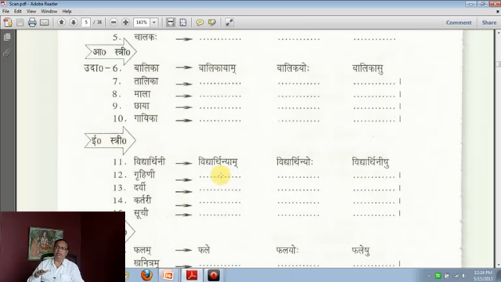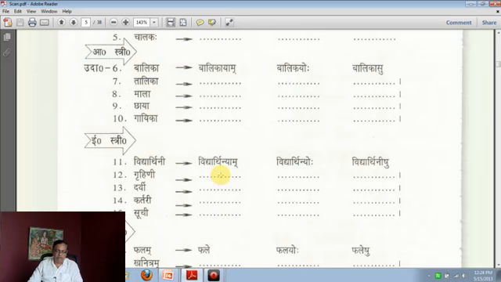Yam is there anyway. Vidyarthinyoho. Vidyarthinishu. Here Su doesn't come because of the I vowel preceding. Vidyarthinishu. Gaurishu. Nadishu. Any Ikaranta will take that.